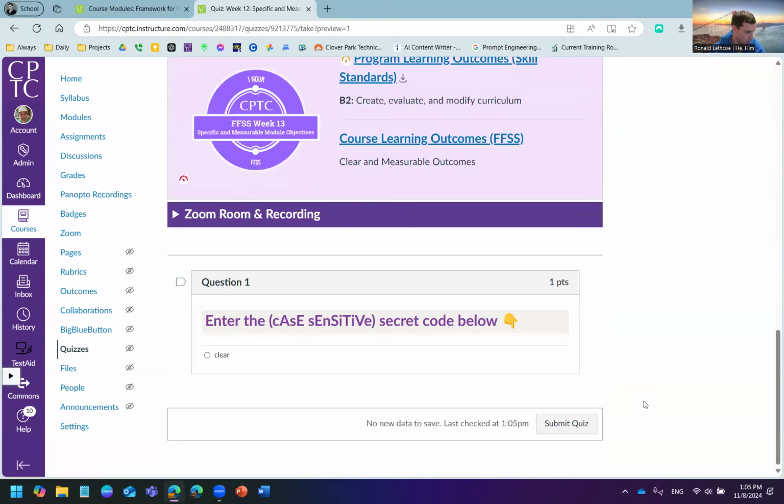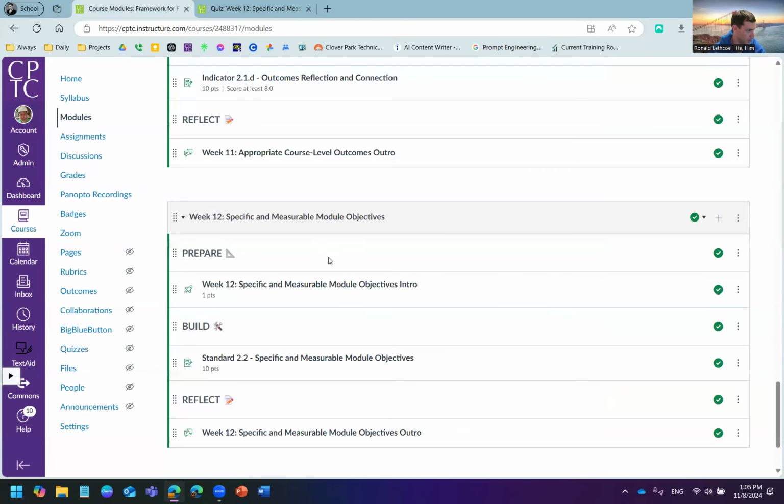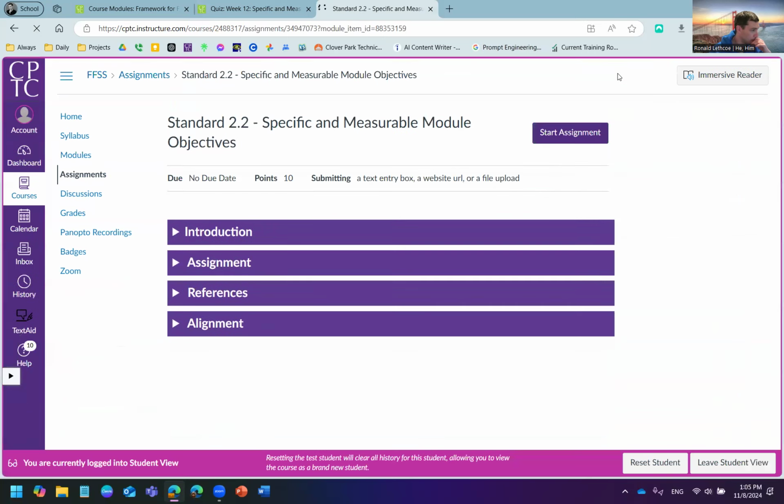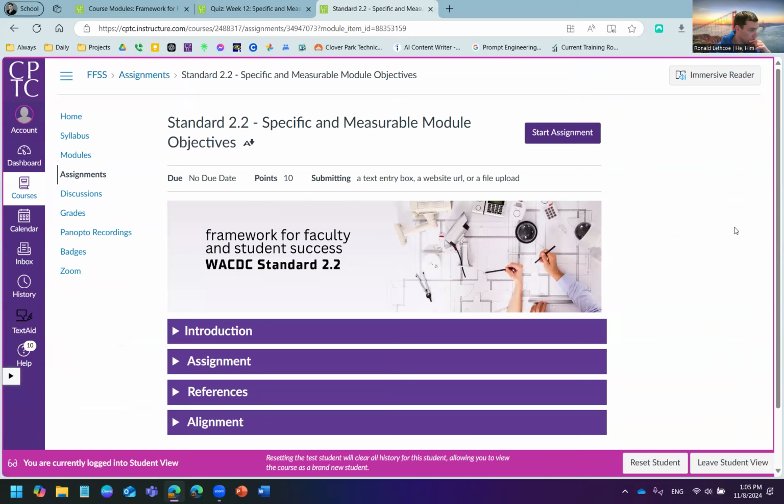We're actually going to head over to the next part here. So as we move along, standard 2.2: last week we looked at a couple more indicators from standard 1.1.